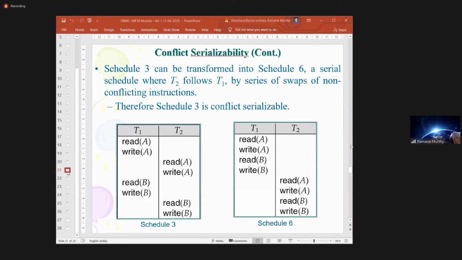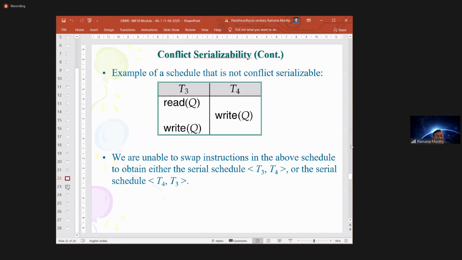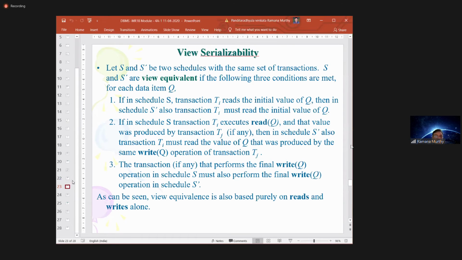We want to obtain an overall comparison. What this overall comparison will identify is view serializability, by seeing both schedules S3 and S6.